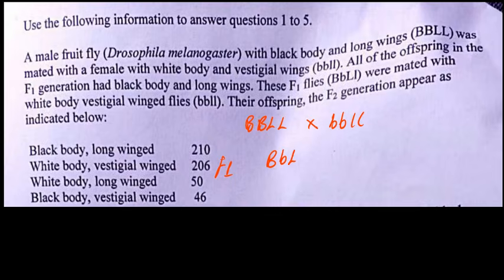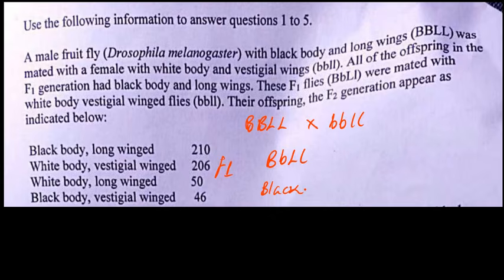There are going to be 16 because this is a dihybrid cross. All the F1 are going to be, in terms of phenotype, black body with long wings. The white body and vestigial wings is going to disappear. This is just the same as what Gregor Mendel did when he crossed round and yellow garden peas with wrinkled and green garden peas.